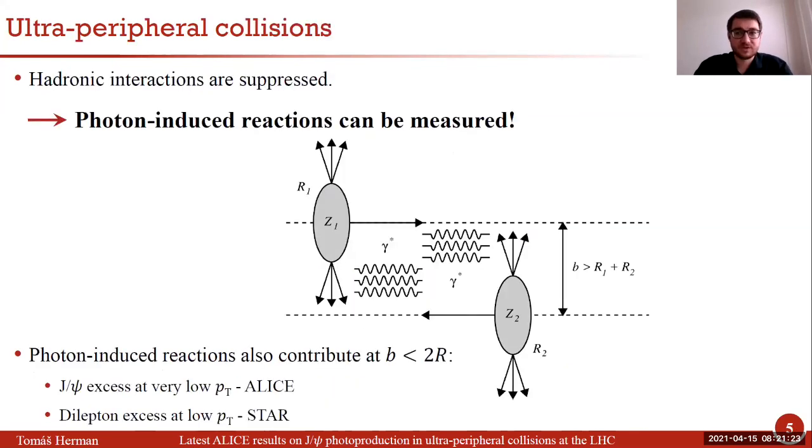Now, the tool which we are using to explore these phenomena is ultra-peripheral collisions. And as was said, the hadronic interactions are suppressed and we are able to measure photon-induced reactions. But it is worth mentioning here that photon-induced reactions also contribute at impact parameter b smaller than 2R, as has been demonstrated by ALICE and STAR.